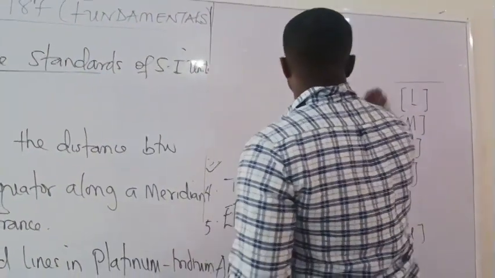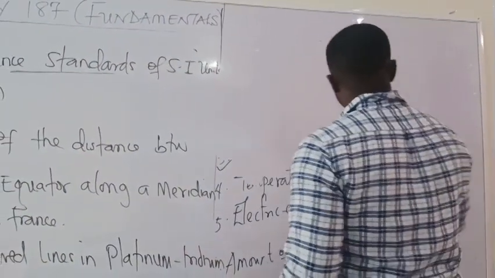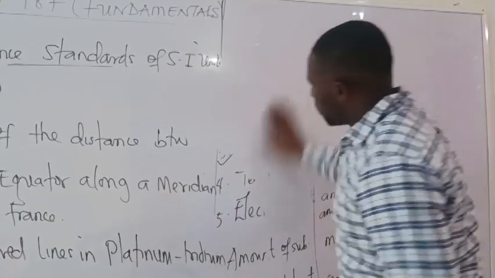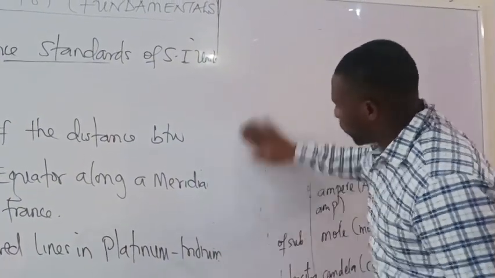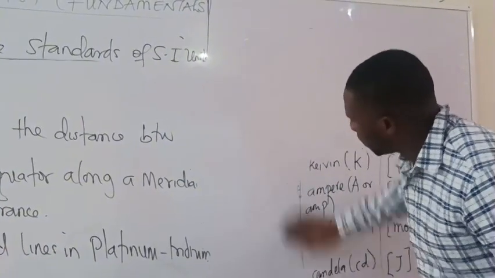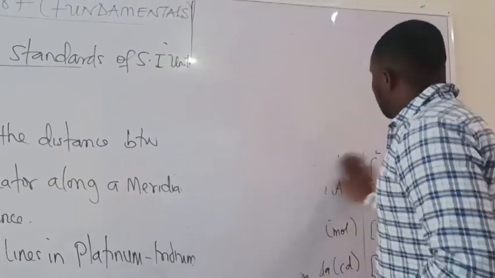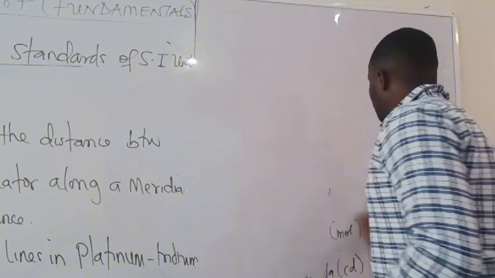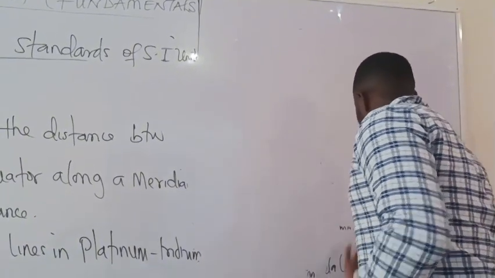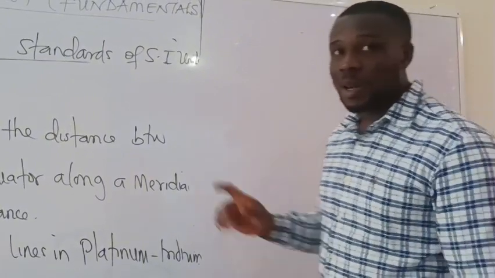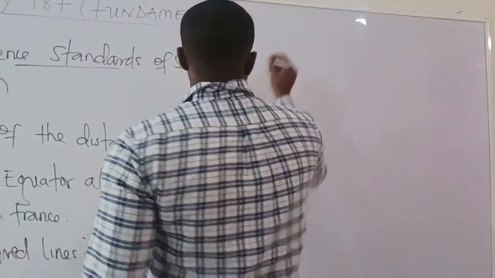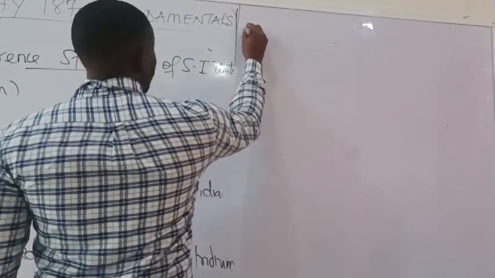In 1960, the standard for the meter happened to be the wavelength of the red light krypton 86 atom gas emitted, and that wavelength has a threshold which is exactly 1650763.73 wavelengths.